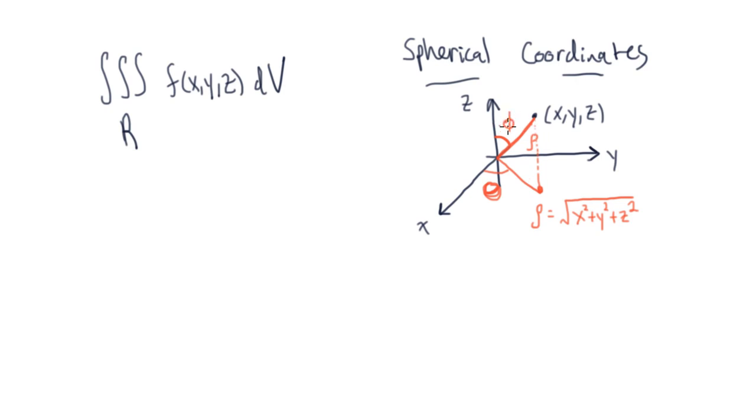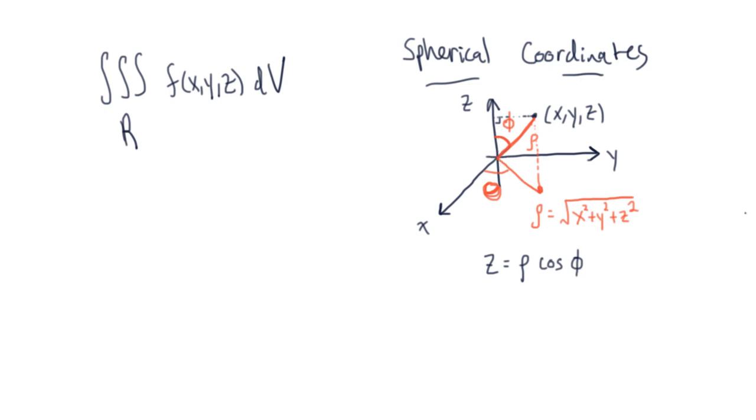Well, what we want to do is, first of all, make a couple of triangles. And so the z coordinate here is going to be rho times cosine of phi, because it's the adjacent side here.